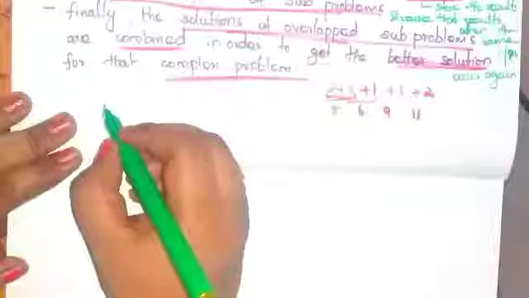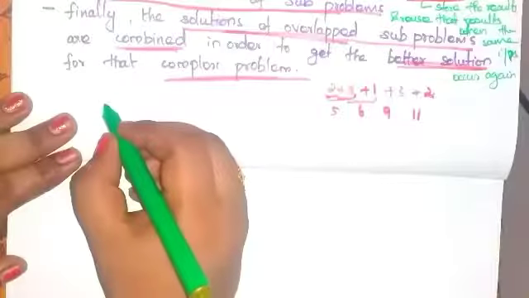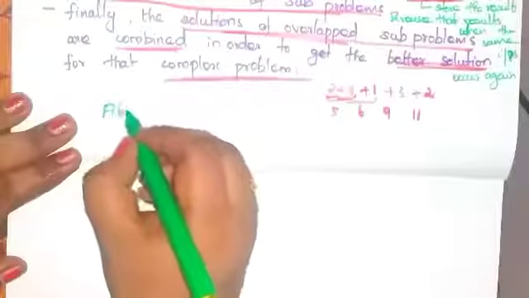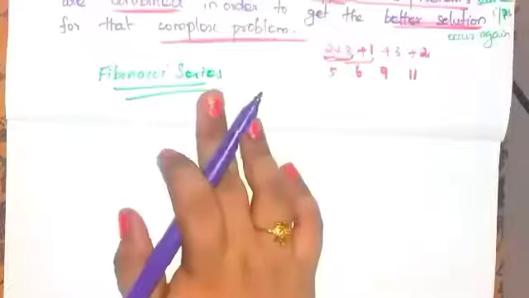Let us see one example for dynamic programming, that is the Fibonacci series. What do you mean by Fibonacci series?